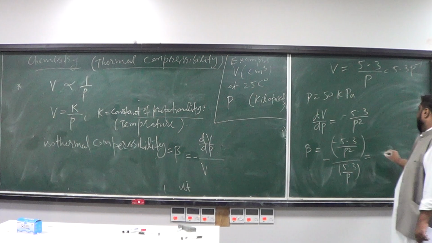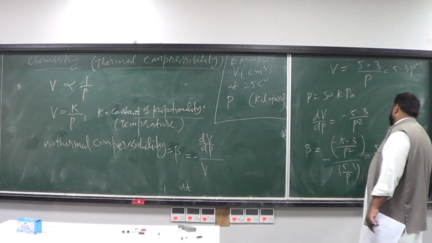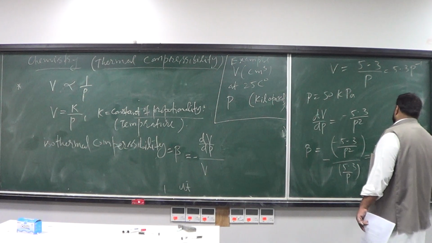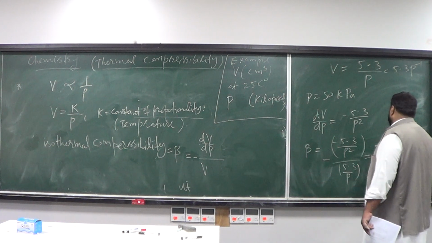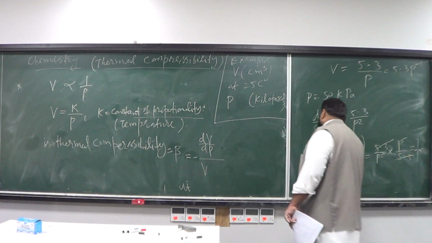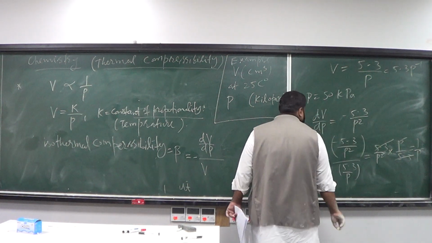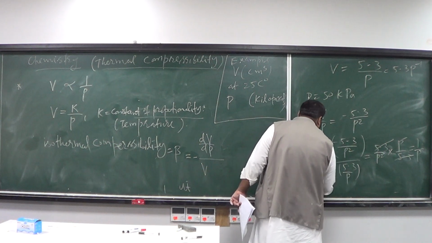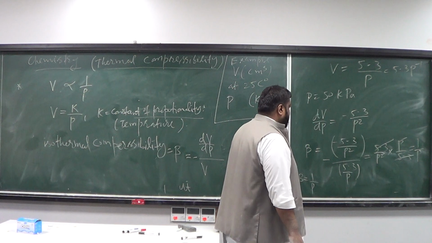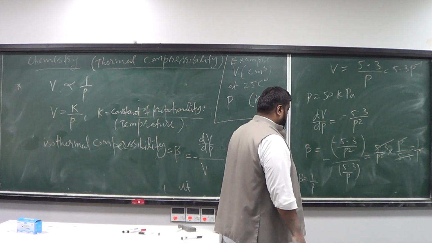When you simplify this expression, it's going to be 5.3 P square times P by 5.3. The 5.3 and 5.3 will go away, so you remain with 1 over P. So this is really the compressibility rate, 1 over P. So beta is going to be what?